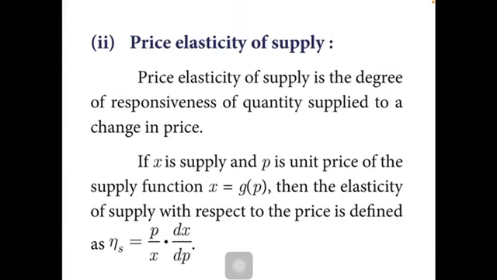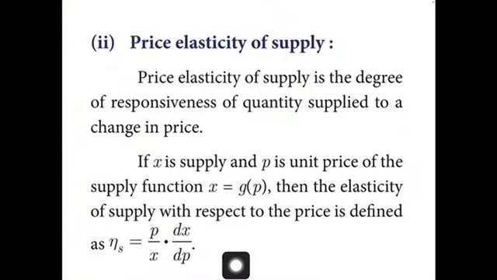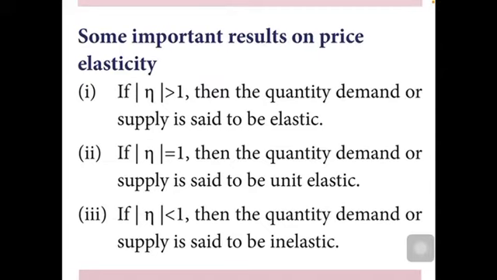Elasticity of supply is known as eta S. Eta S is equal to P by X into dx by dp. It is positive. So, a few important results on price elasticity.